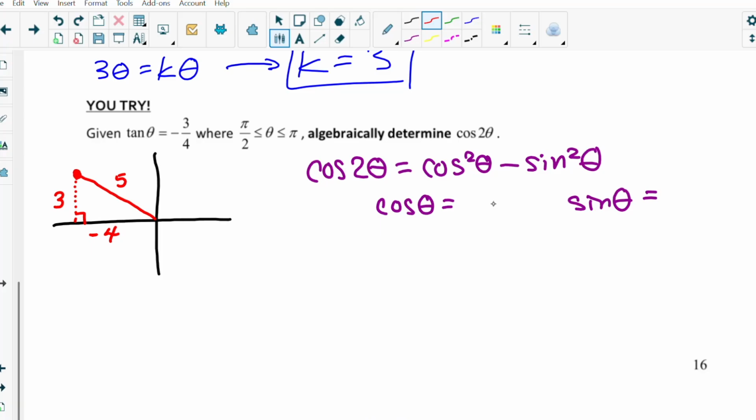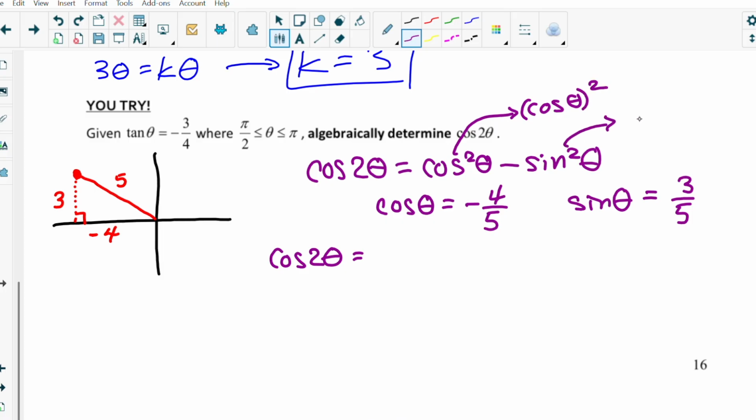Okay, so I need a cosine of theta. Cosine of theta is adjacent over hypotenuse, -4/5. Sine of theta is opposite over hypotenuse, so it's 3 over 5. So when I look at cosine of 2 theta equals, remember this can be represented as cosine of theta squared, and this can be represented as sine of theta squared.